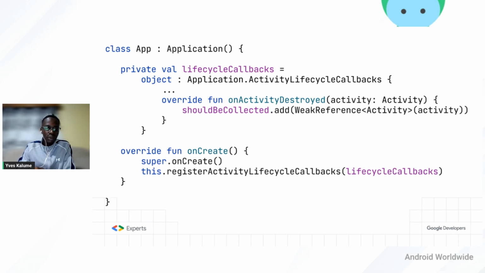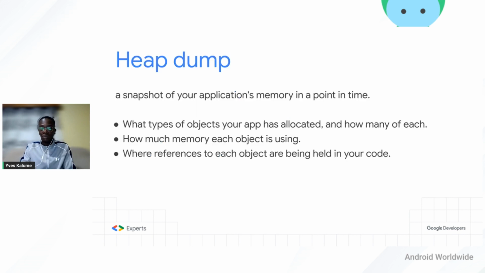Fortunately in Kotlin we have a WeakReference object, so we can pass the reference of this activity to a list which keeps references to all activities whose onDestroy has been called, and this reference should be weak in order to keep the activity eligible for garbage collection.